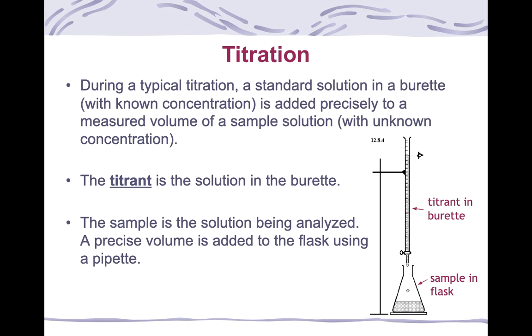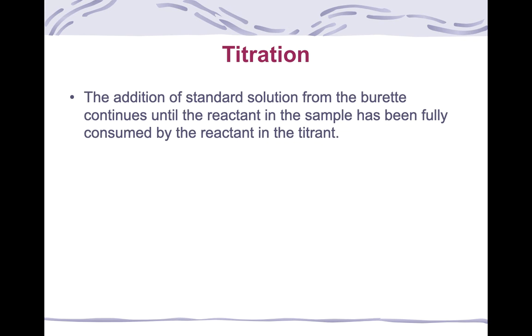That's what you use to get your sample in the flask. So what you do is you add the solution from the burette carefully until the reactant in the sample has been fully consumed by the reactant in the titrant.